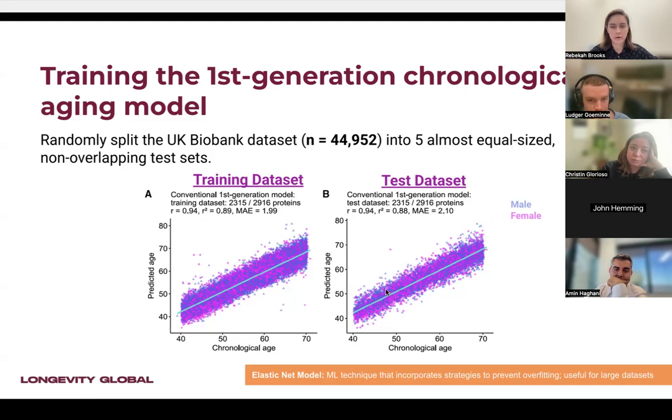I did want to point out that you might see patients like this that have a larger age deviation, where the predicted age is much higher than their actual chronological age. You can see you have multiple patients of that type even in the training data set. Here they use an elastic net model, which is really useful for these large data sets.